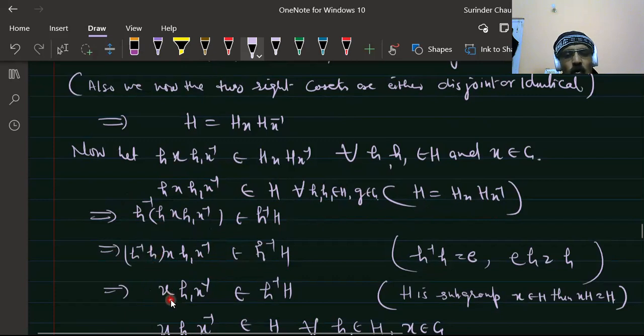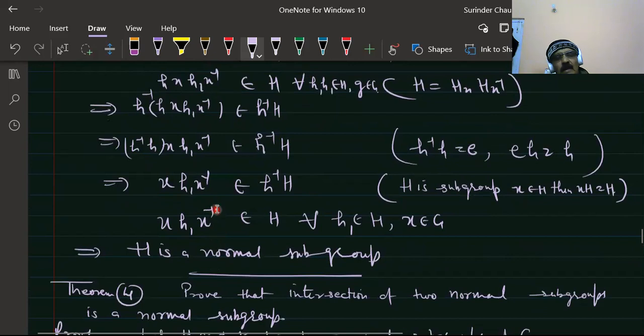So this becomes x h1 x inverse belongs to h inverse H. Since H is a subgroup and h belongs to H, h inverse H is equal to H. This implies x h1 x inverse belongs to H for all h1 belonging to H, which implies H is a normal subgroup.